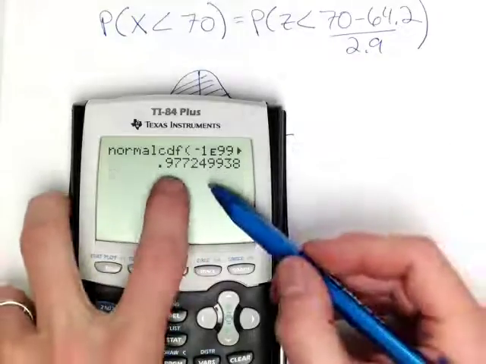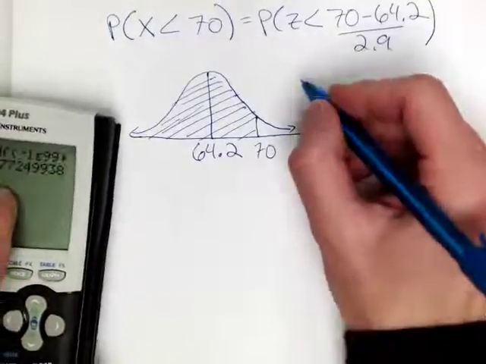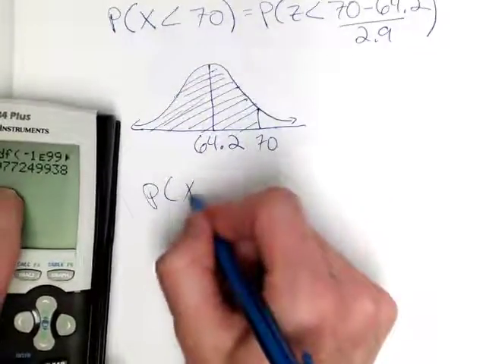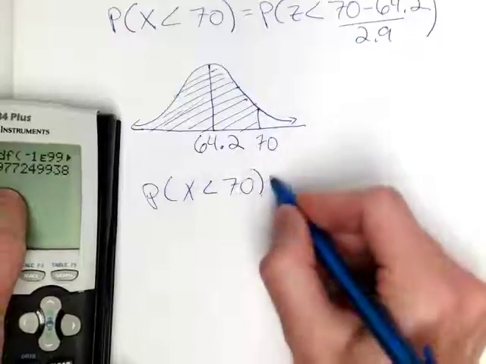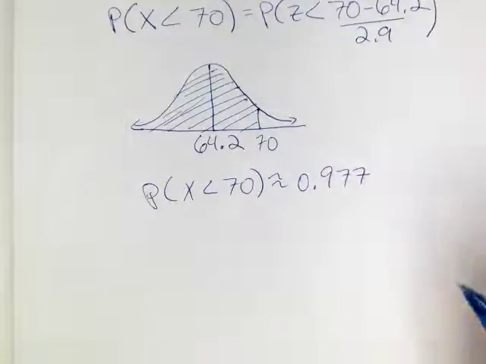This is a fairly high probability. The probability x is less than 70 is approximately 0.977. So there's a pretty good chance that if you randomly select a woman from this population, you're going to get one whose height is less than 70 inches.